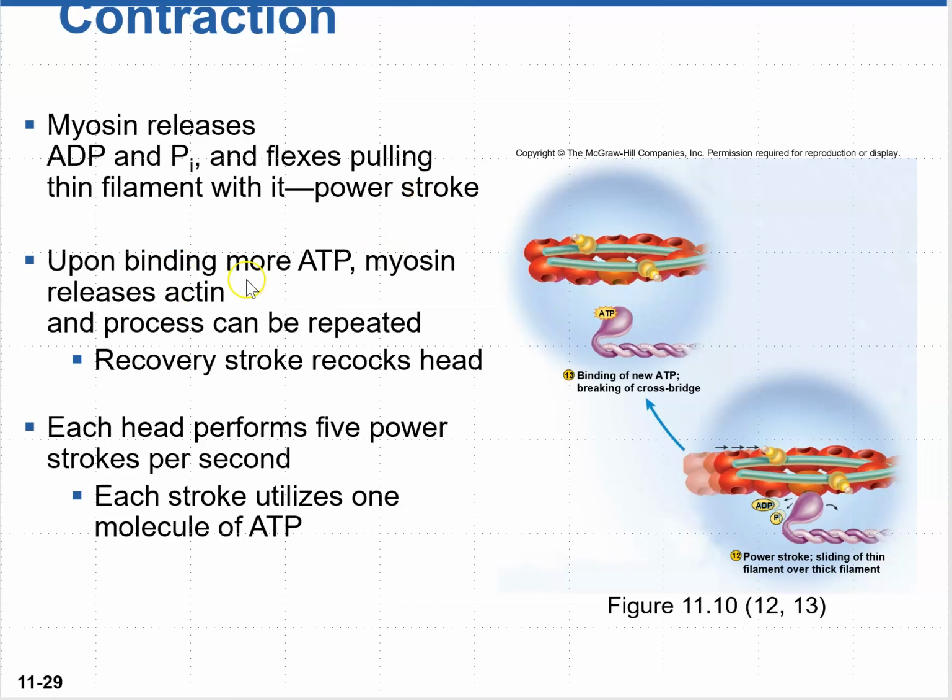And upon binding more ATP, myosin releases actin. This ATP binds again to the myosin head, and the process can be repeated, meaning the myosin gets stretched again and binds again to the active site of actin. In this way, each head can perform up to 5 power strokes per second, and it's an energy-consuming process.